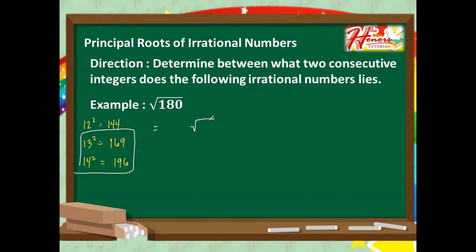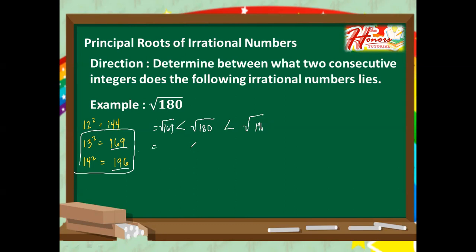Write 180 here at the middle and then write greater than. 180 is greater than square root of 169. This part only. And then square root of 180 is less than square root of 196.